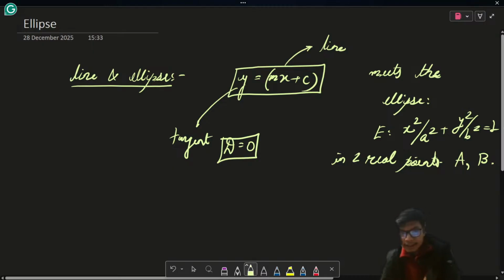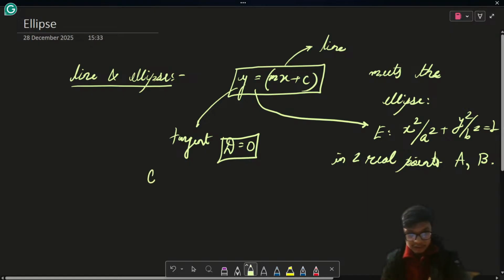And how will you obtain this discriminant is very simple. We just put y is equal to mx plus c in this equation and solve for it, and we will get a quadratic equation in x. If that quadratic equation has the discriminant equal to 0, that basically means it has only one real root, and that is basically the condition of tangency.